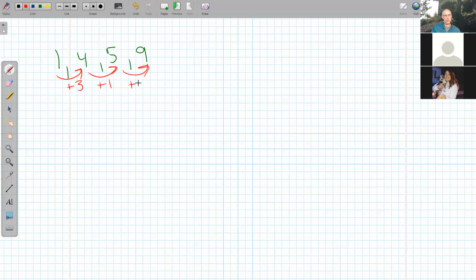And then I have a plus 4. Eek. That's weird. So that doesn't help. 1, 4, 5, 9. If we divide them, let's see, here I would multiply by 4, but here I would multiply by not 4, that's for sure.